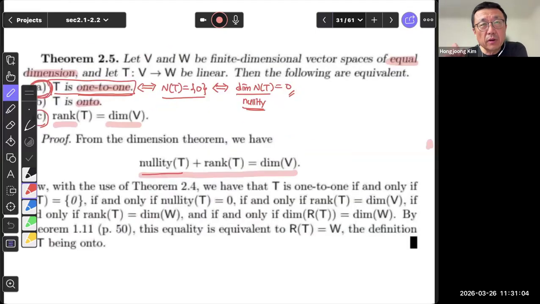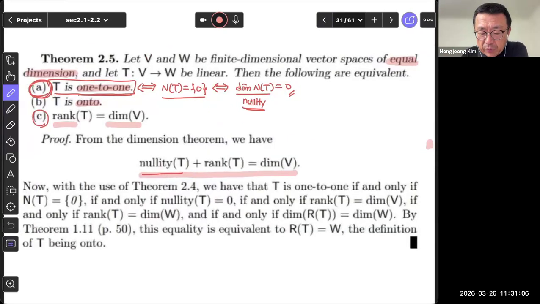Now, in this theorem, I have one more condition saying the dimension of the domain and the dimension of the codomain are equal. Then we can also consider this second one. Why? The nullity is 0, so what is the rank? Rank is the dimension of the range.